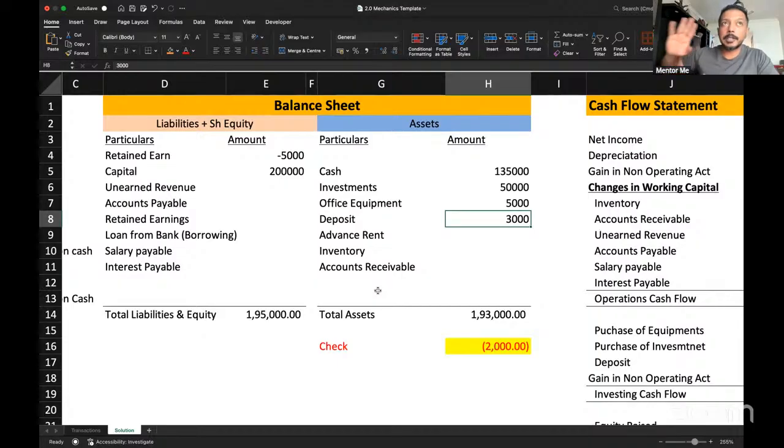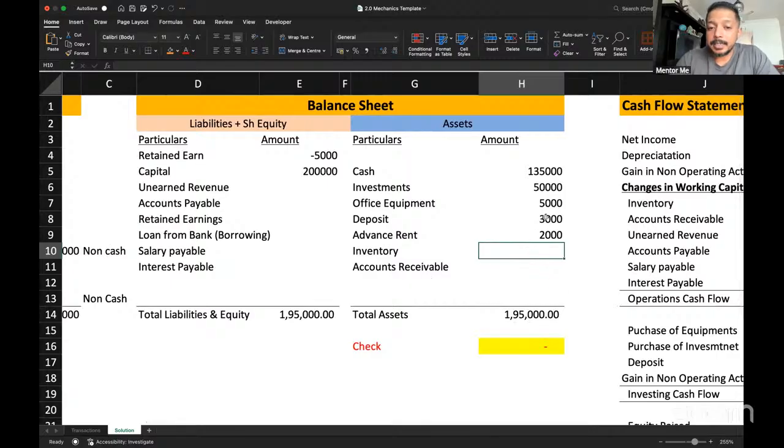Has the customer actually stayed for 12 months? No. Remember what the revenue recognition principle said, that revenue is recognized when the service is rendered or the risk of ownership is transferred. So we have not used it. For us as the renter, the one taking the office, it's an asset. So 2,000 out here.